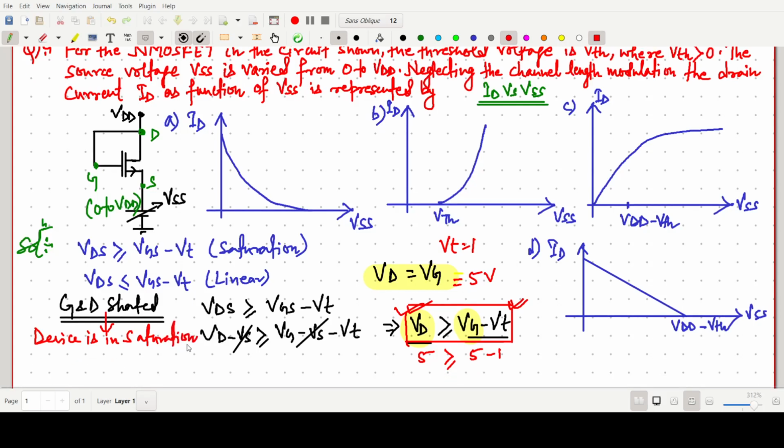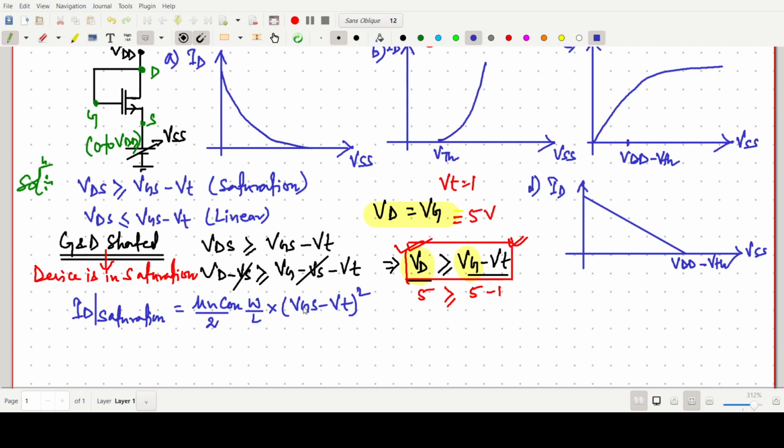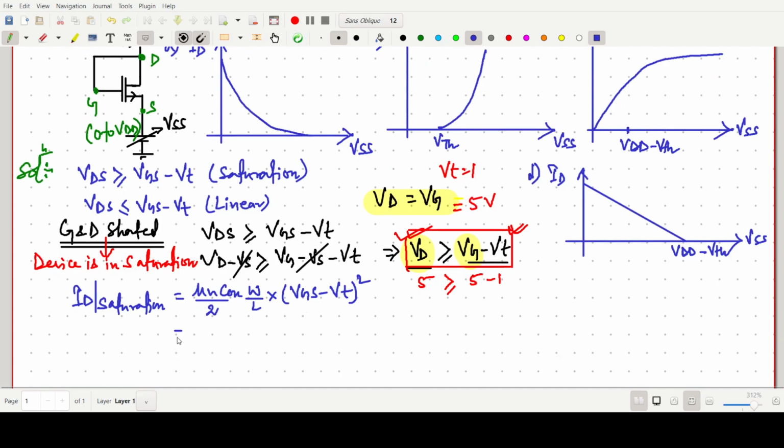Now we have to write the drain current equation in the saturation region. ID in saturation, the formula we know: mu n Cox W by L by 2 into VGS minus VT whole square.